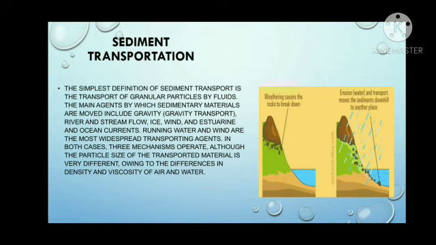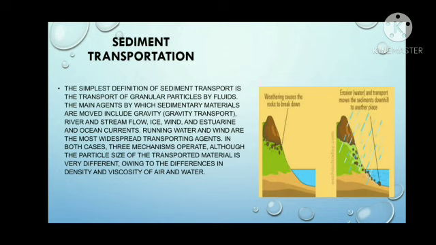Sediment transportation. The simplest definition of sediment transport is the transport of granular particles by fluids. The main agents by which sedimentary materials are moved include gravity, or what we call gravity transport, river and stream flow, ice, wind, estuarine and ocean currents.